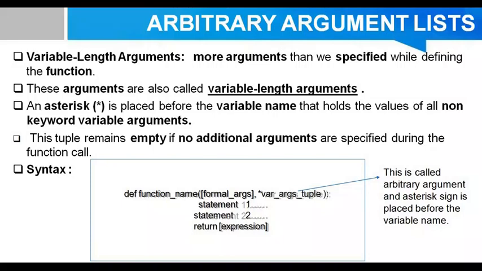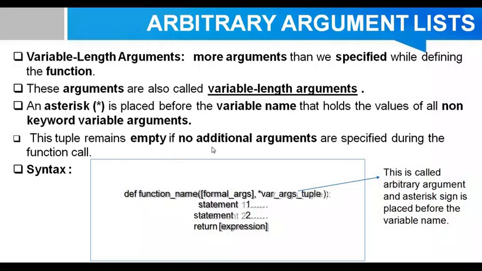So here is the syntax: the def keyword, followed by the function name, then formal arguments, and with the star it is the type of variable length arguments. So this is a variable length argument or arbitrary argument, and the asterisk sign is placed before the variable name. Okay, so let's have an example of this. Here I am explaining two examples.